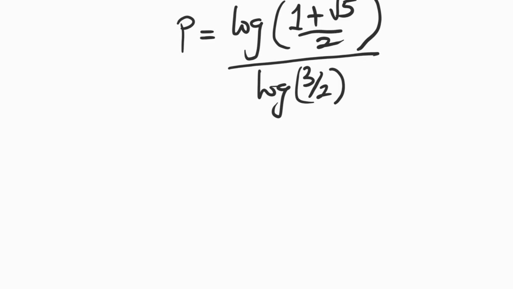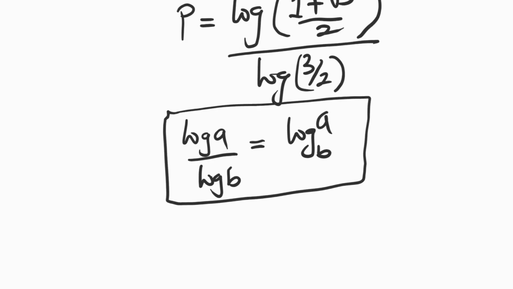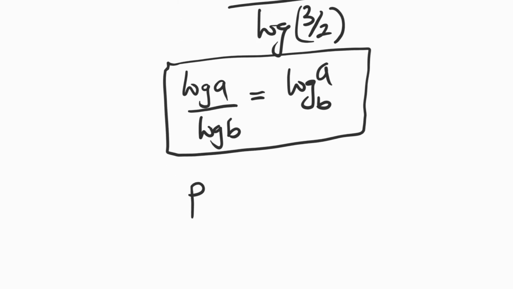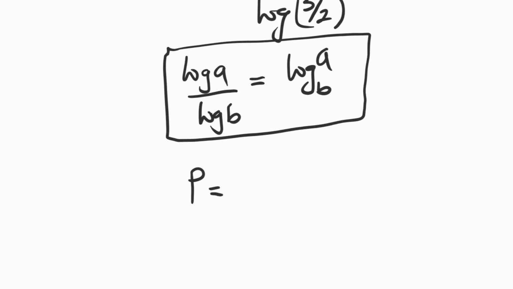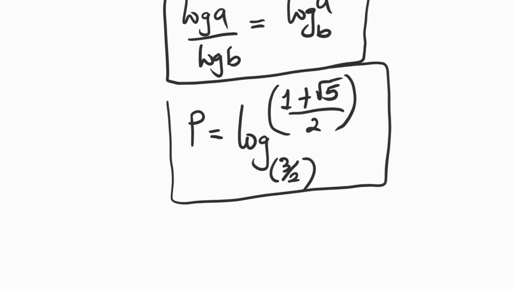Now, if we recall, we know that log A over log B is the same thing as log of A base B. So let us also rewrite our value of p, and it becomes log of 1 plus root 5 divided by 2, base 3 over 2. And now this is our final answer.